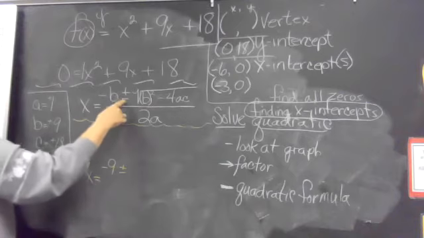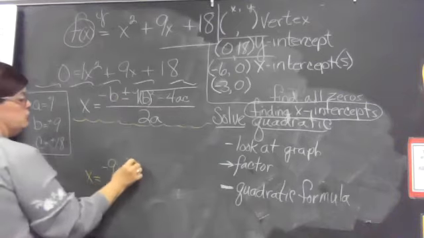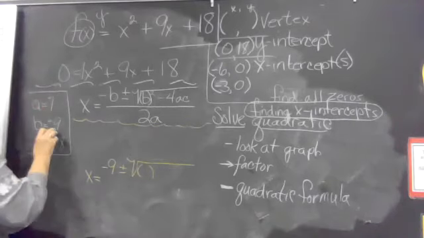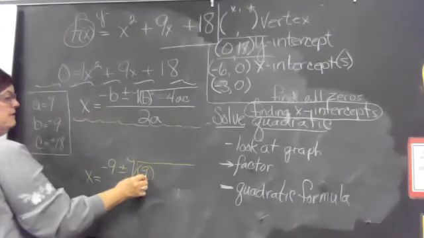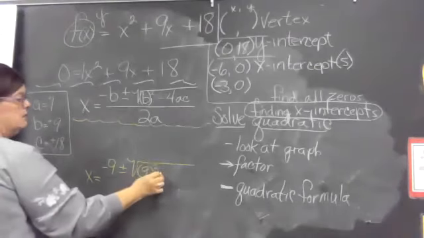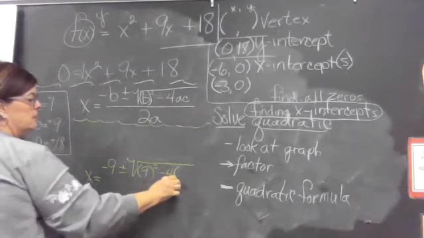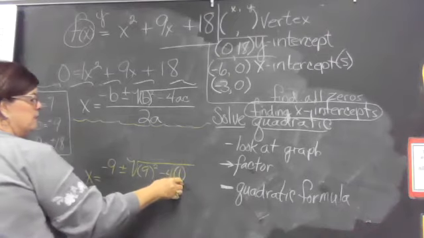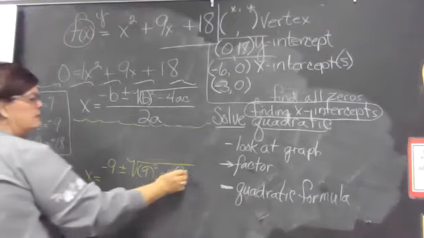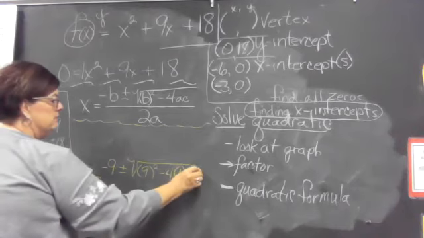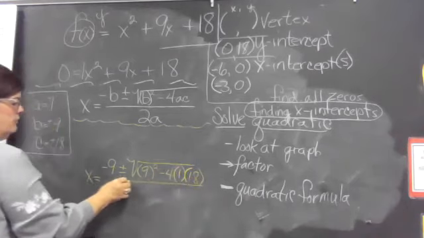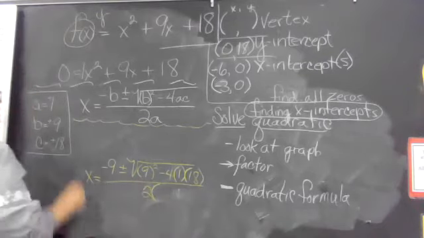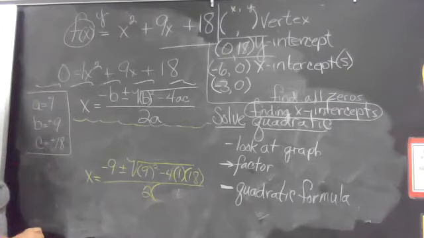So -9, plus or minus, I'm copying, square root of, and we said to put the B in parentheses, it's a 9, squared minus 4 times whatever A is. A is 1. C is 18. And don't forget to put that all over. It comes back to the equal sign. All over 2 times whatever A is.